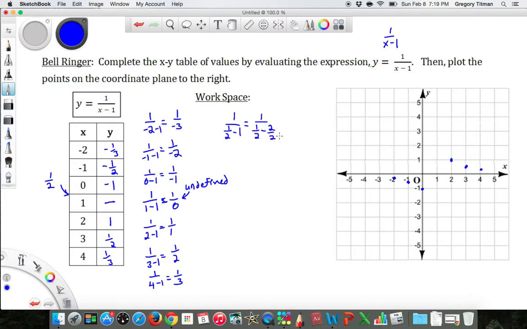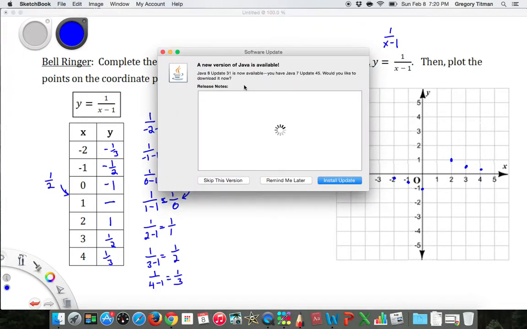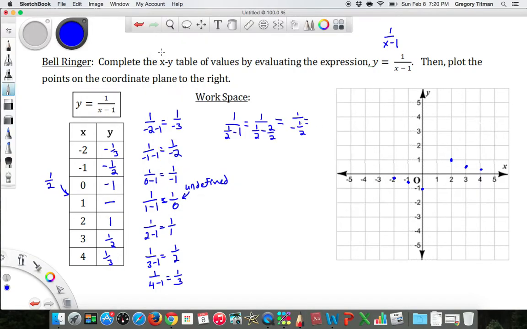So I'll rewrite that as 1 over 1/2 minus 2 over 2, which equals 1 over -1/2. Whenever we divide by fractions, we can multiply by the reciprocal. So that's the same thing as 1 times -2 over 1. So that will give us -2. So when I evaluate for x equals 1/2, I get y equals -2.